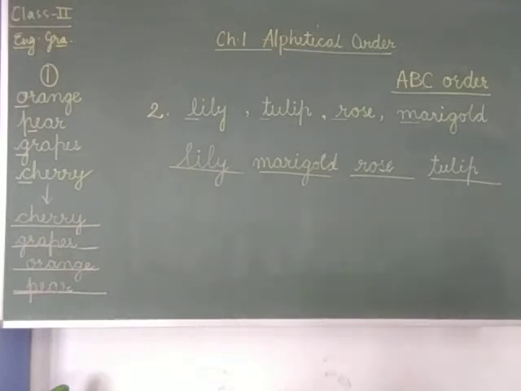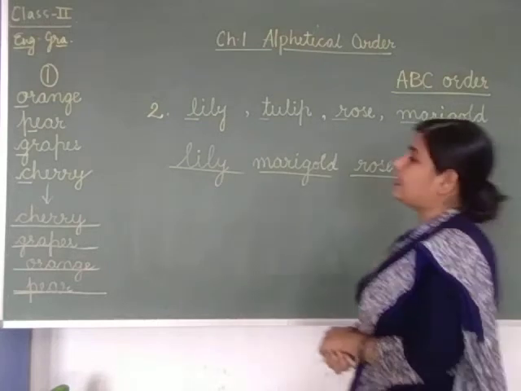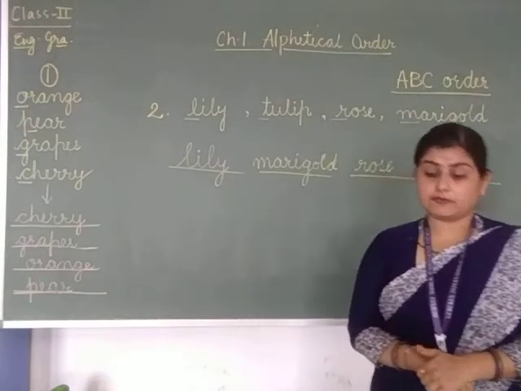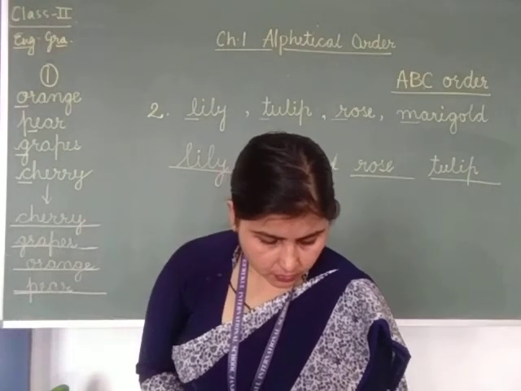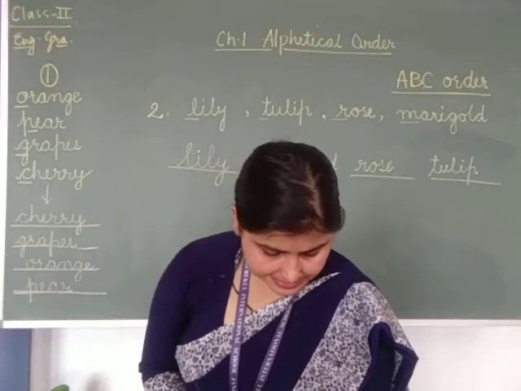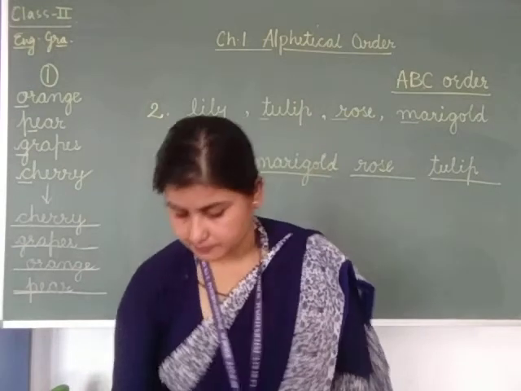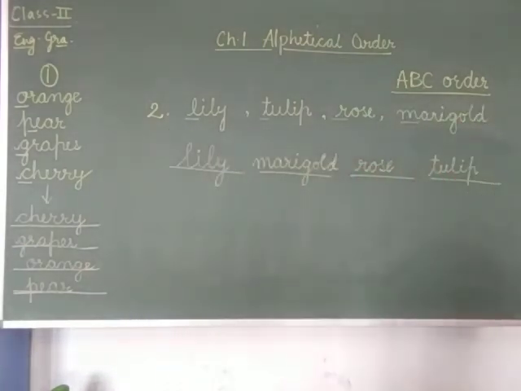So this was the explanation part, what an alphabetical order is and how we write the words in alphabetical order. Okay. Now I will do two exercises from page number 11.